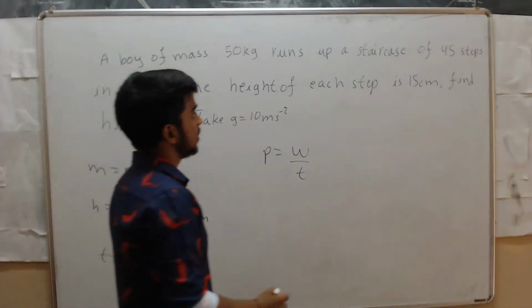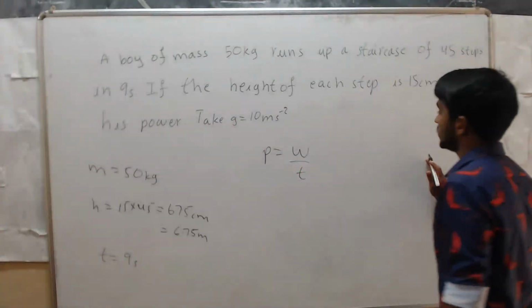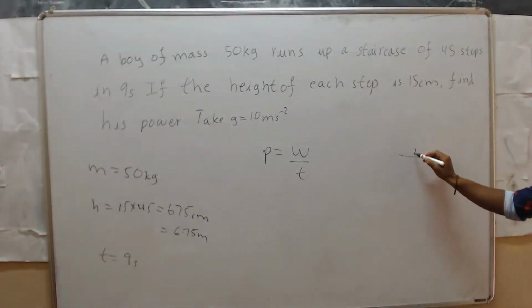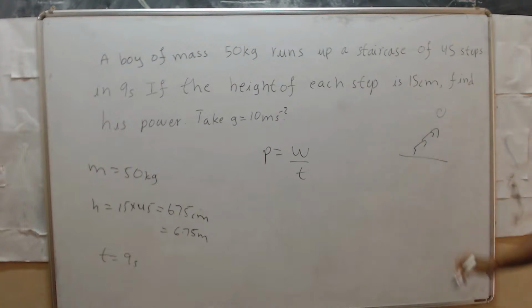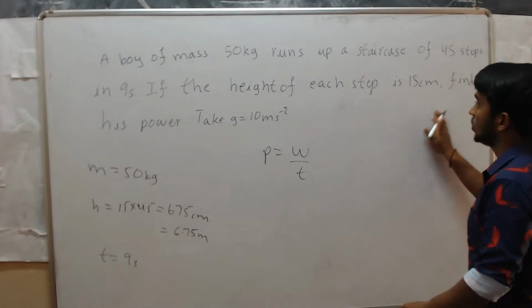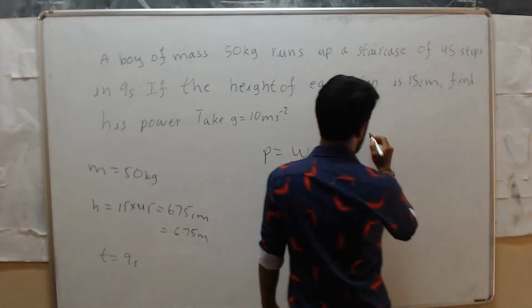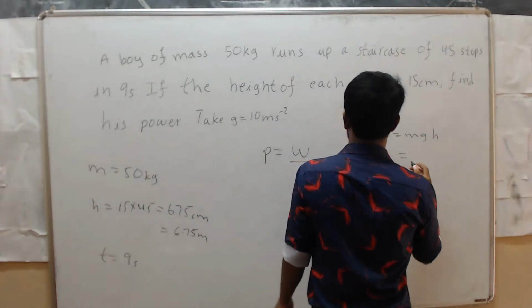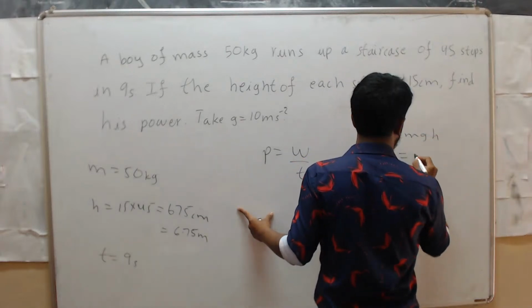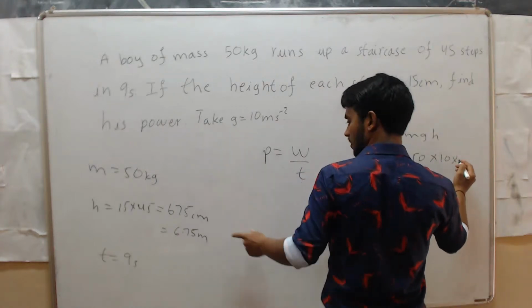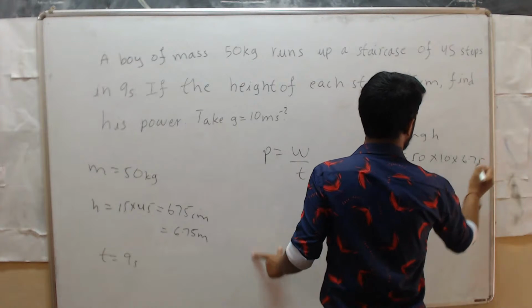See, that boy runs up a staircase, right? For example, say these are the staircase. He will climb up here. So we can clearly say that the boy possesses potential energy. First calculate potential energy equal to m into g into h. The mass of the boy is 50, g value is 10 and height is 6.75.